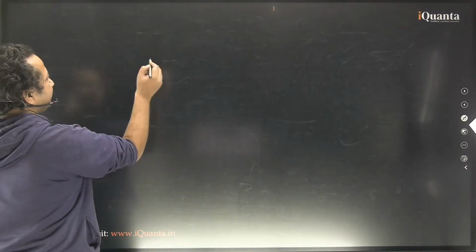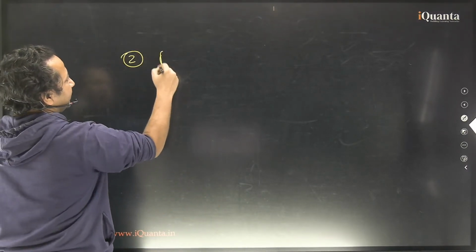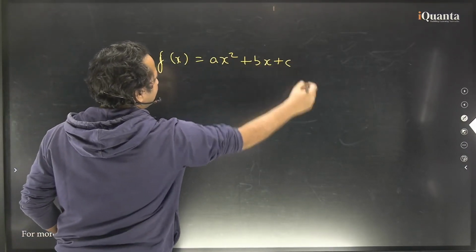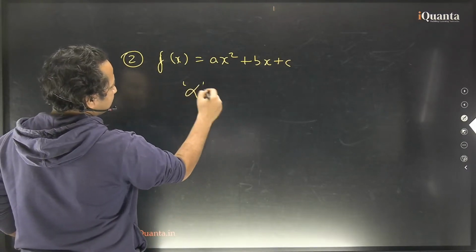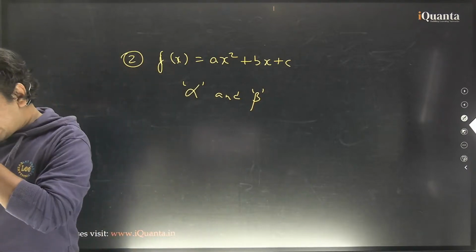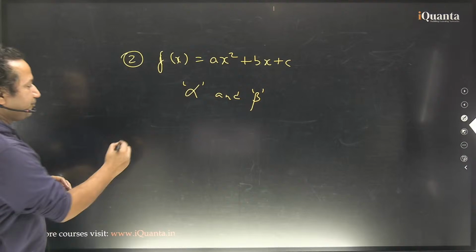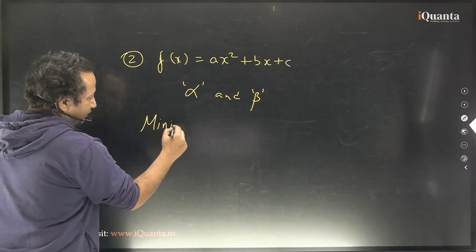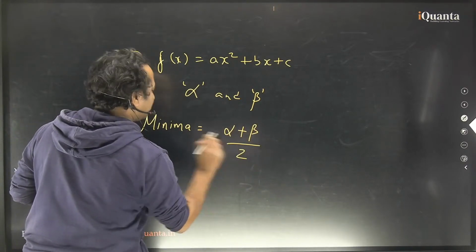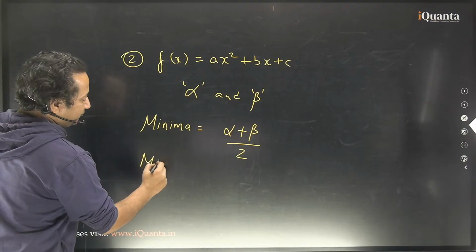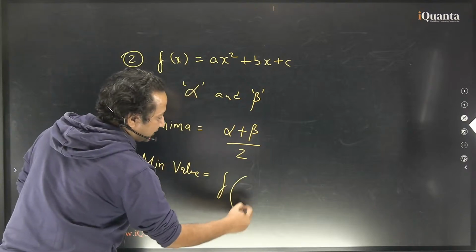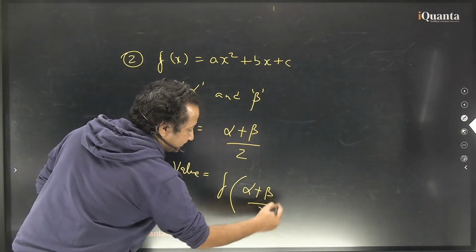When we have a quadratic expression, like f(x) is equal to ax square plus bx plus c, and alpha and beta are the roots, the ones satisfying the equation, in that case the minima will be at x equal to alpha plus beta by 2, and the minimum value of the function will be equal to f of alpha plus beta by 2. Is that clear?